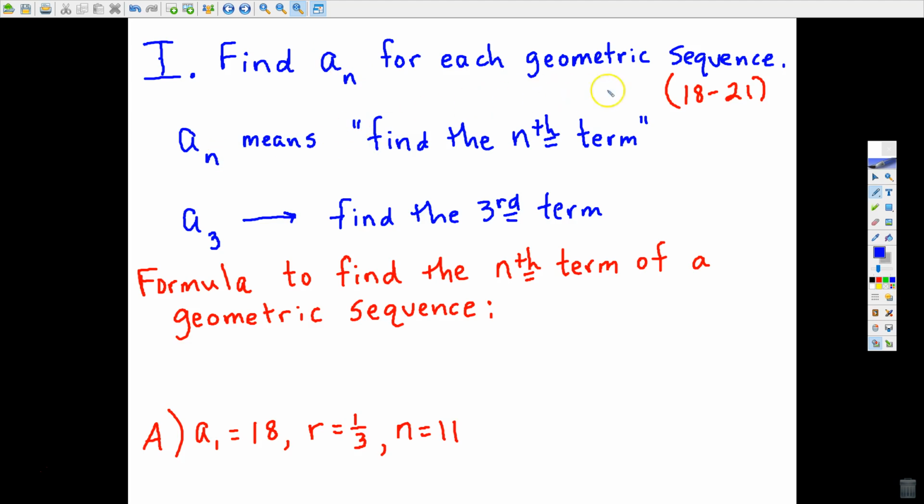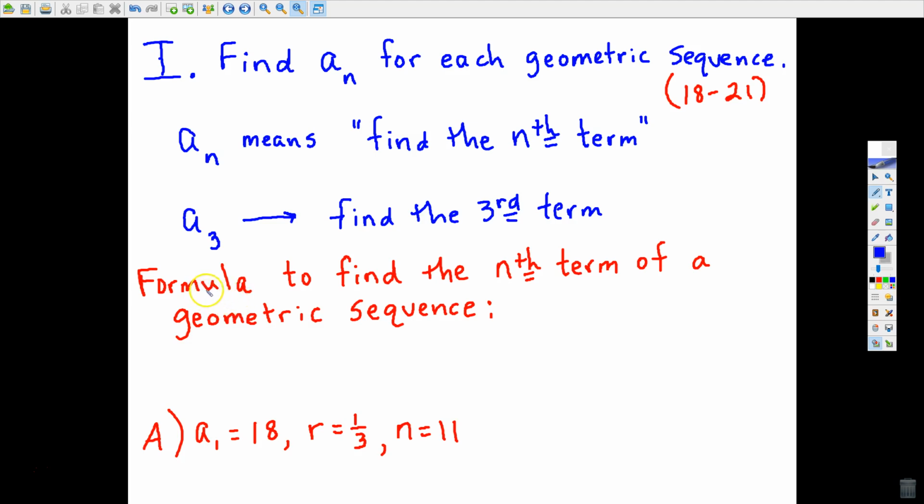What they mean by that is there's going to be a particular sequence, or at least we're going to have some information about a sequence, and they want us to find a particular term in the sequence. A sub n means find the nth term. It's open-ended. When I get specific, when I say A sub 3, that means, out of this list of numbers, what is the third one? I just want to make sure you understand what they're talking about when you see this notation.